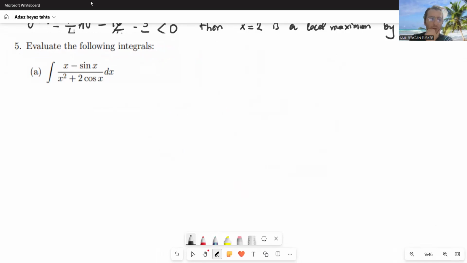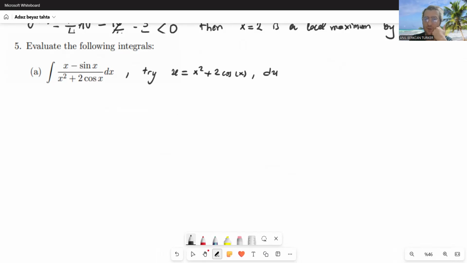So when you consider the denominator as a variable u, what happens? When you take the derivative, you get 2x minus 2 sine x. It's exactly a constant multiple of the numerator, so it will give me some logarithmic integral. So try u equals x squared plus 2 cosine x.